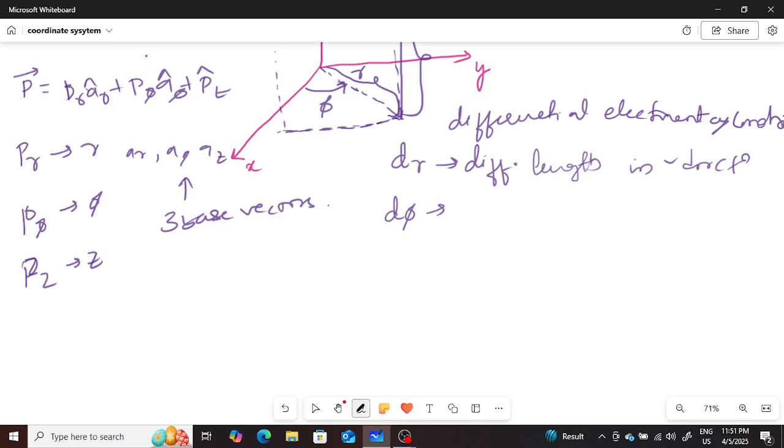That is nothing but r d phi. See, by diagram you can understand, it's basic mathematics. r d phi is the differential length in phi direction and dz is the differential length in z direction.